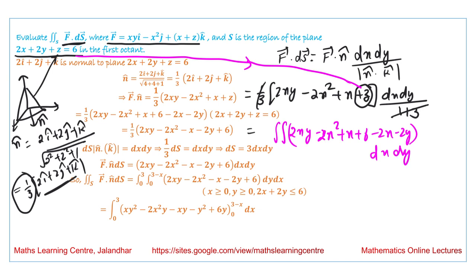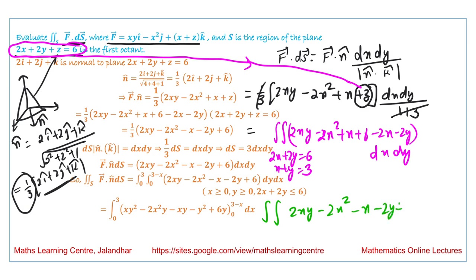And the limits now, from this equation, we have 2x plus 2y is equal to 6, that is x plus y is equal to 3. So the integral becomes the double integration of 2xy minus 2x square minus x minus 2y plus 6, then dy dx. The limits are varying from 0 to 3 minus x and then 0 to 3.